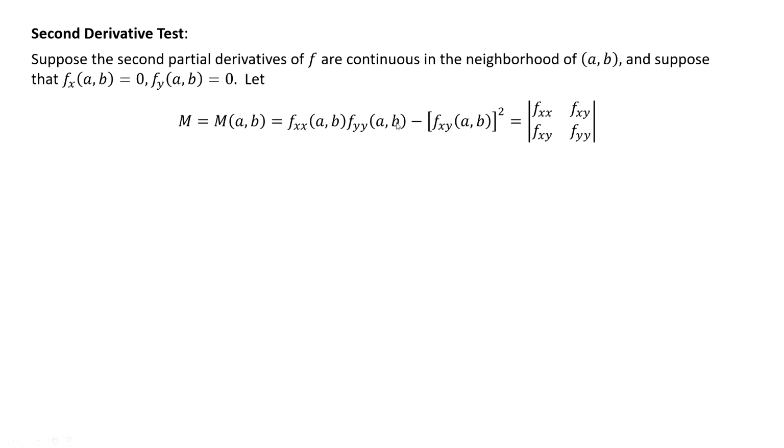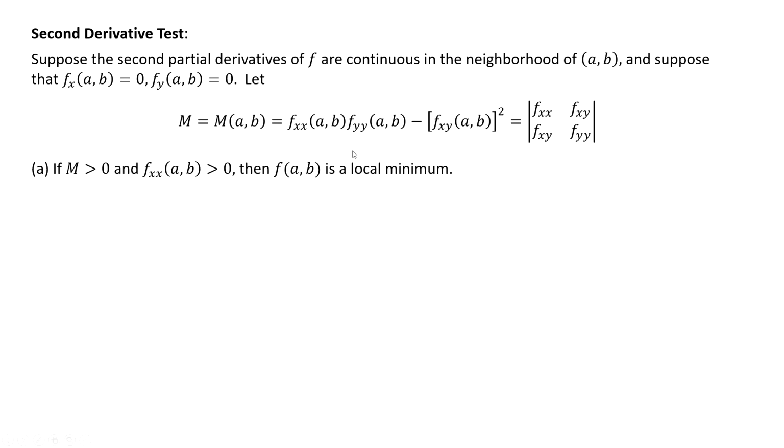Either you can use this formula, or for me, I feel this determinant to be a much more convenient form of expressing this. Basically, you're saying f_xx, second partial of f with respect to x, second partial of f with respect to x and y, second partial of f with respect to x and y, and like this. If you figure this determinant out at (a, b), then there are a few different cases.